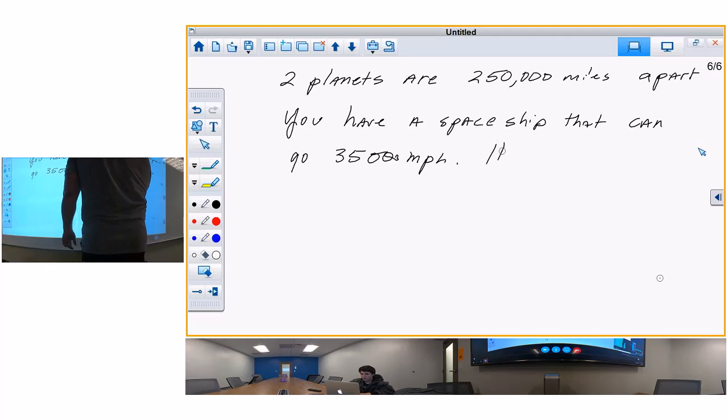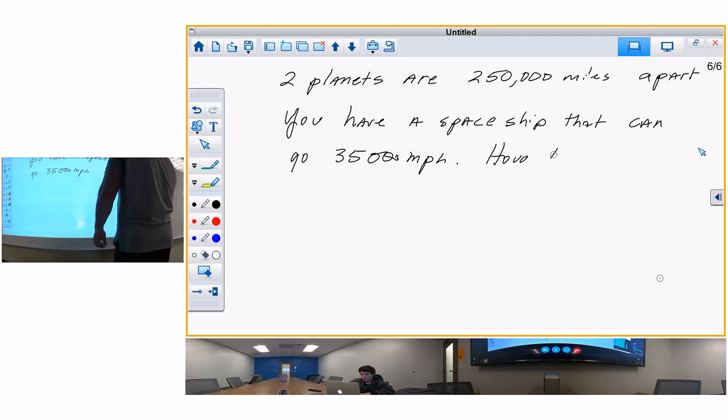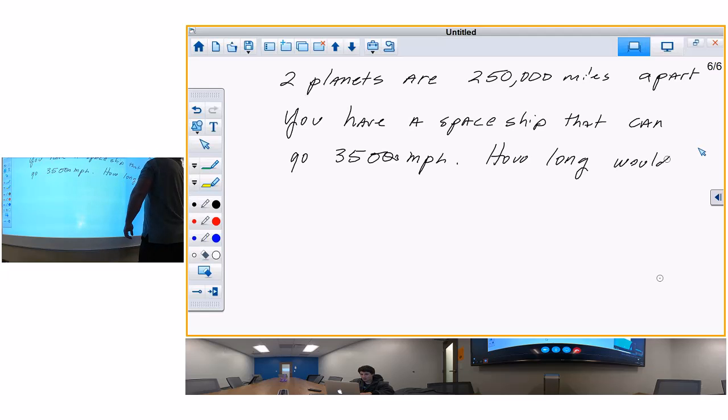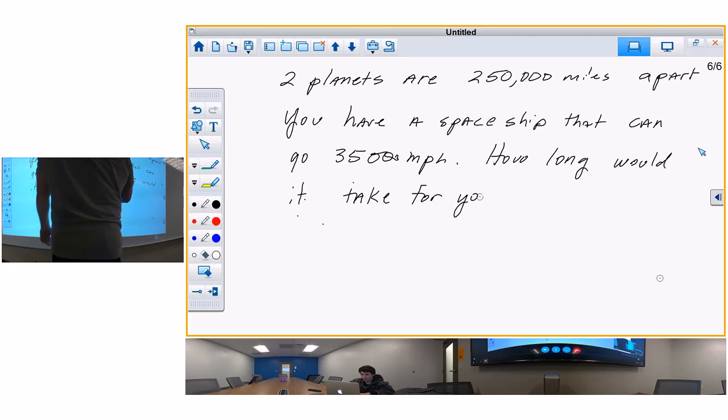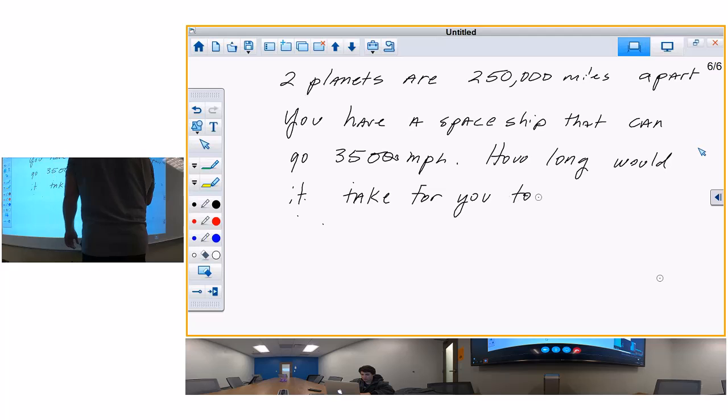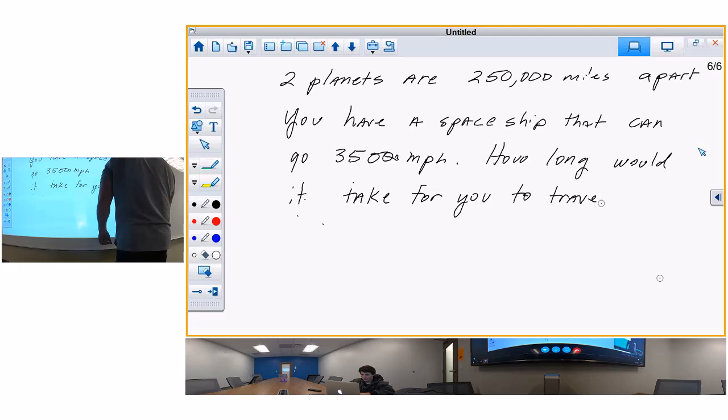How long would it take for you to travel from planet to planet?